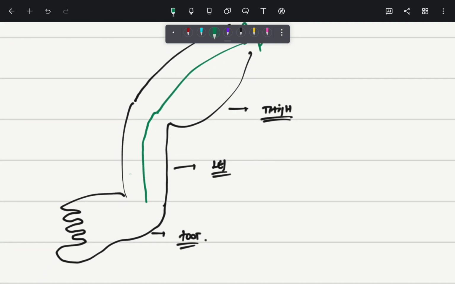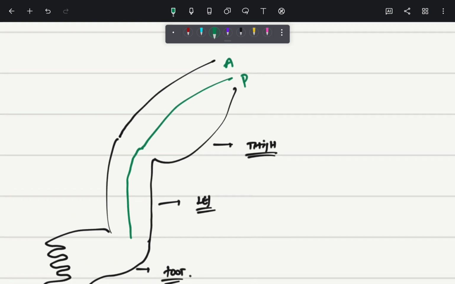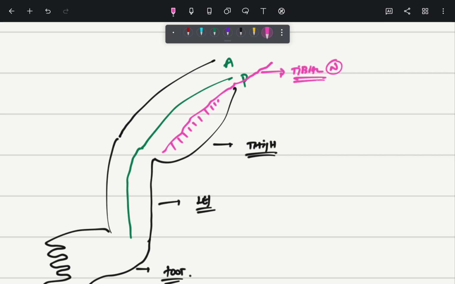Similarly in the leg we have the anterior compartment and the posterior compartment, but since we are going to talk about the thigh, I will talk about the anterior and the posterior compartments of the thigh. So the posterior compartment is usually supplied by a nerve called your tibial nerve.